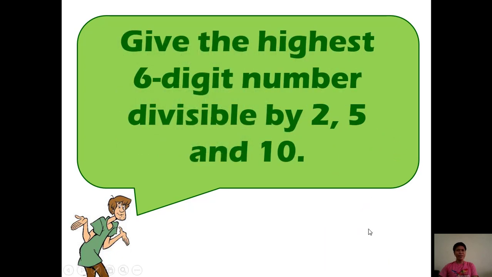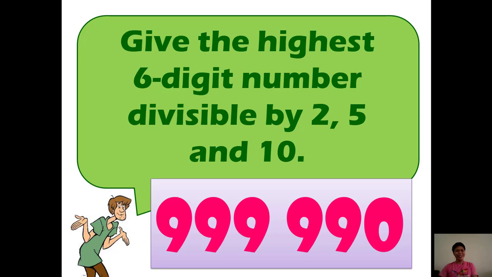How about this one? Give the highest 6-digit number divisible by 2, 5, and 10. Think about it. Okay, I hope that you got the correct answer. It is 999,990. How did you get it?